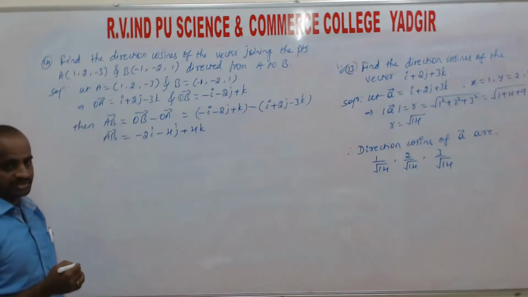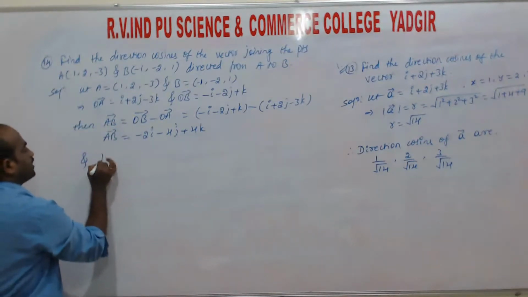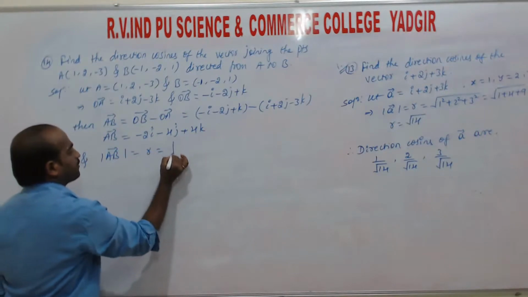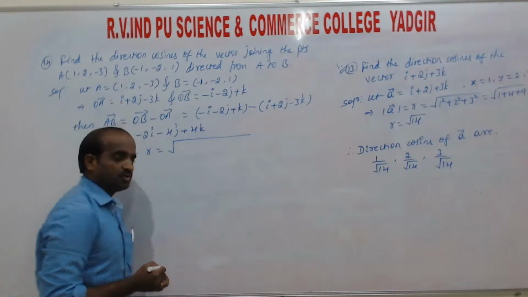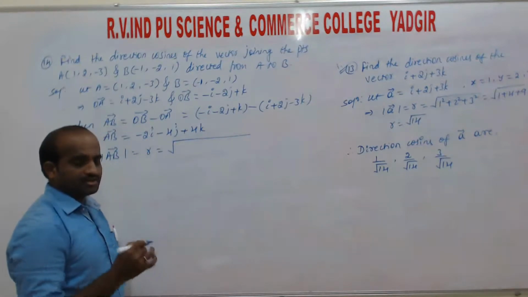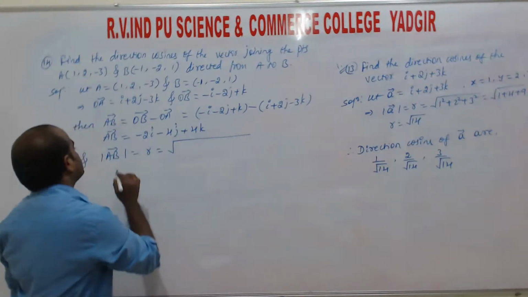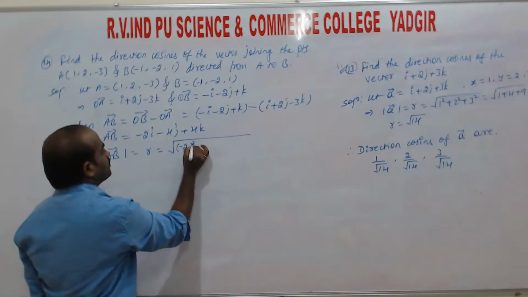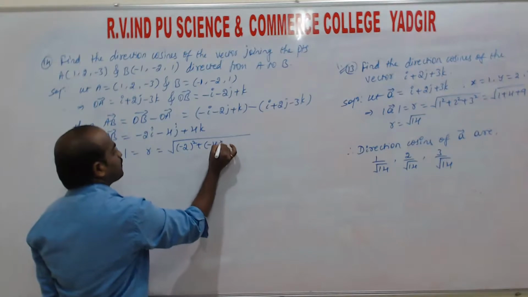This is AB vector. And we have to find the magnitude of AB vector, r, which is the root of minus 2 square plus minus 4 whole square plus 4 square.